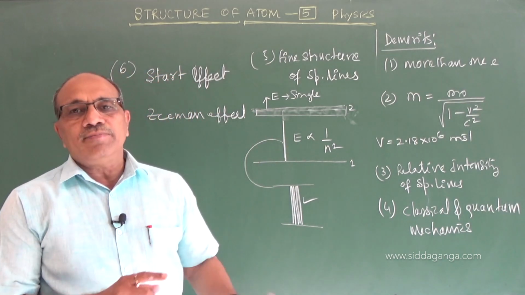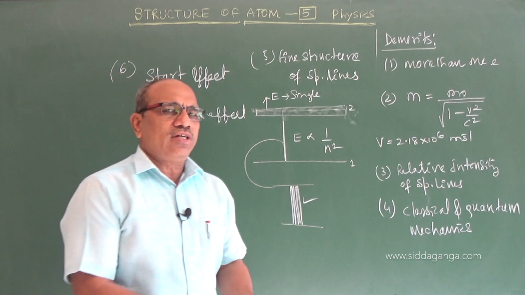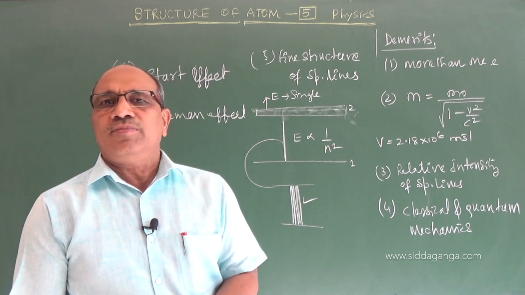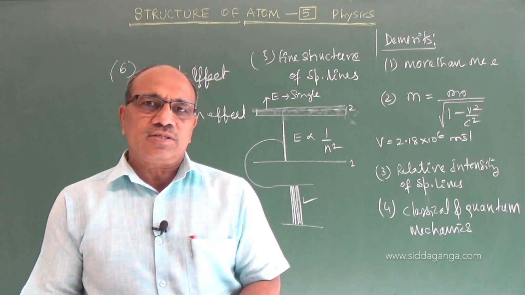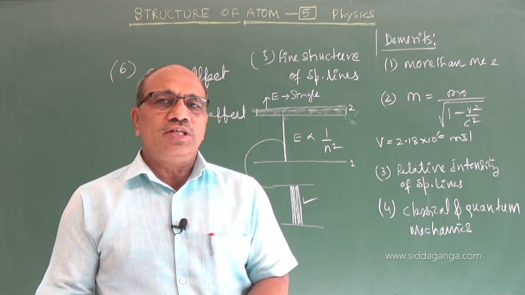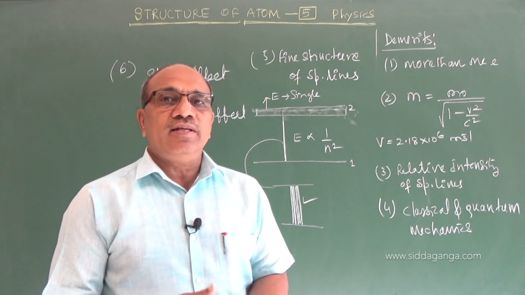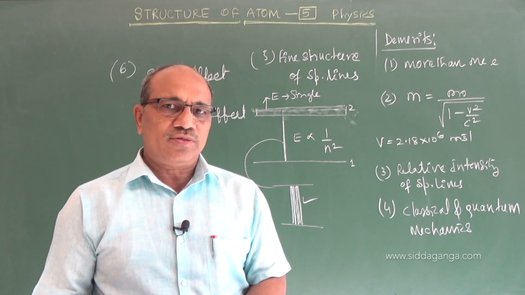These are the demerits. There may be board examination questions and even conceptual questions coming in entrance exams. What are the merits, that is, the major successes, you have to think about. Bohr's theory can explain the spectra of hydrogen and hydrogen-like atoms.